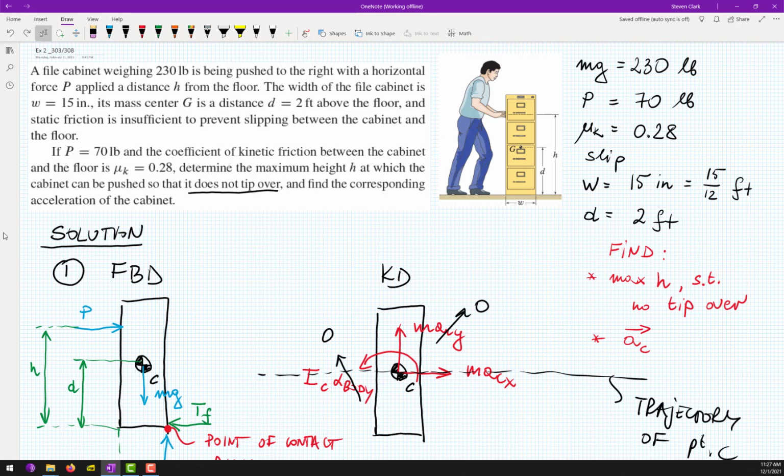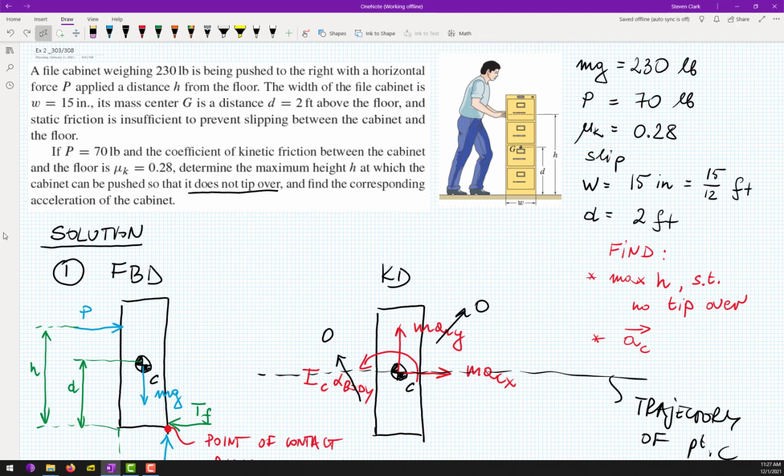Before, it is distributed along this direction. There are like some little forces acting here. But right before it starts tipping over, the contact point will be here.